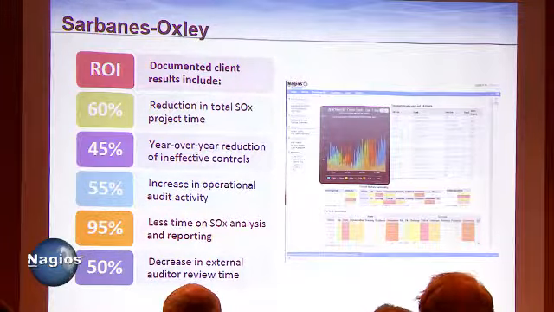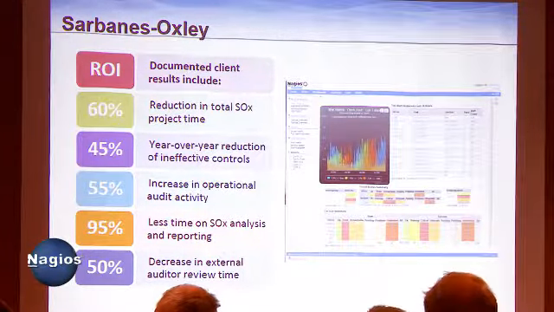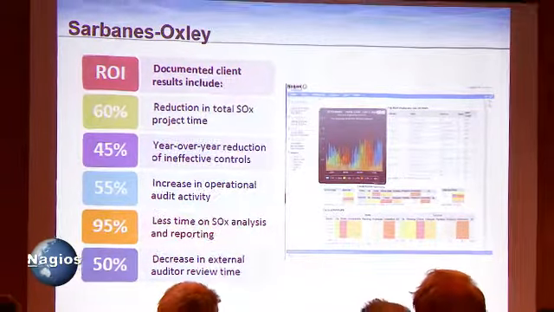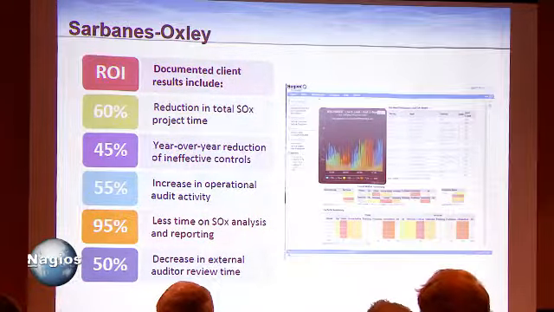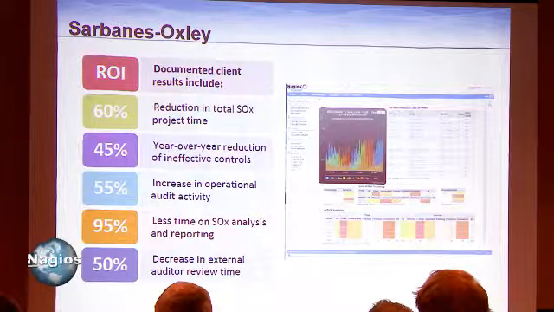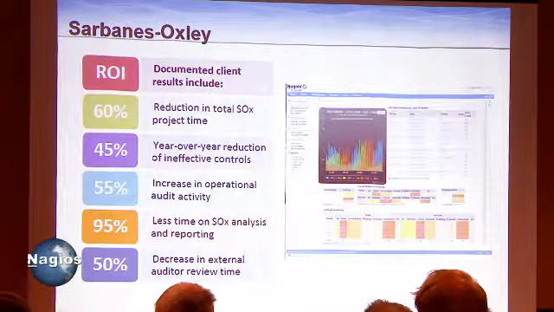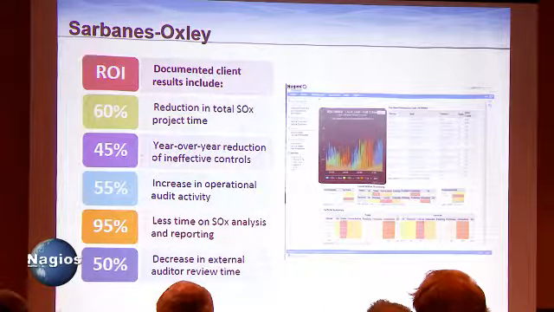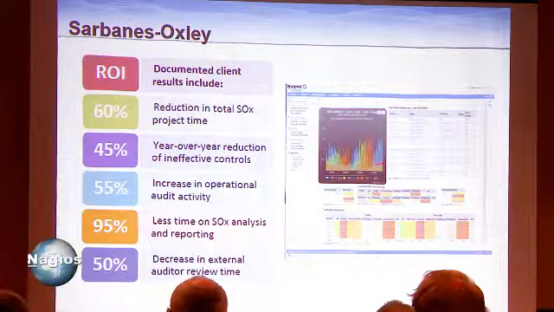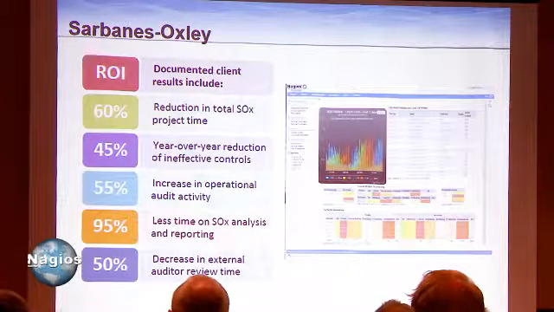All companies have an audit department, and they visit the IT department maybe one time a month with a checklist. Okay, you comply or not. With Sarbanes-Oxley and Nagios, we can reduce the audit activity, with less time on analysis and reporting.